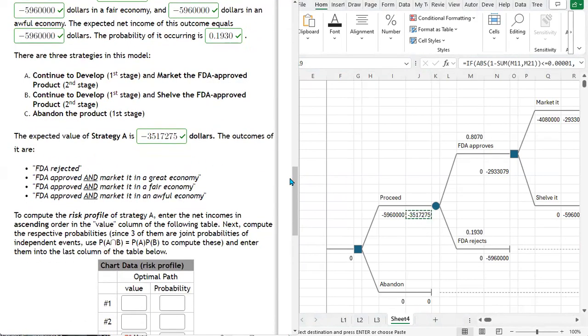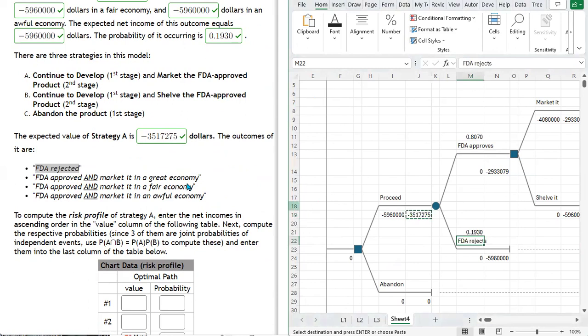The outcomes of this strategy are FDA rejected down here, or FDA approved up here. FDA approved is associated with the market being great, the market being fair, and the market being awful. We can develop a risk profile for this strategy.